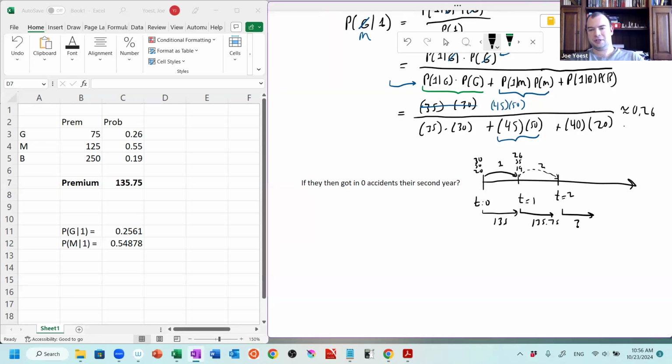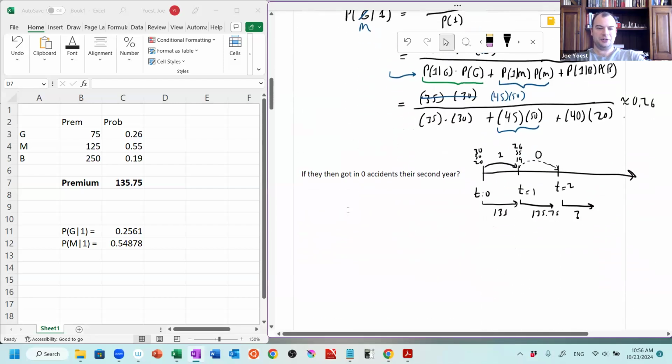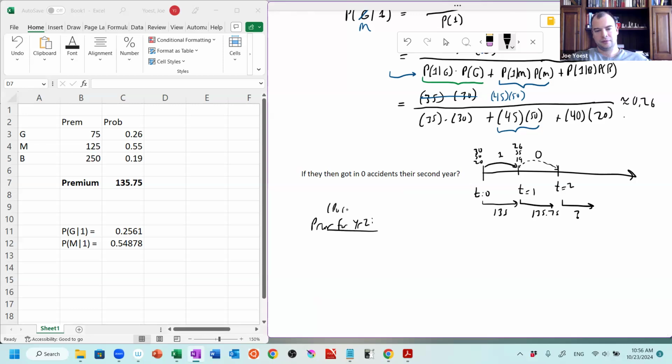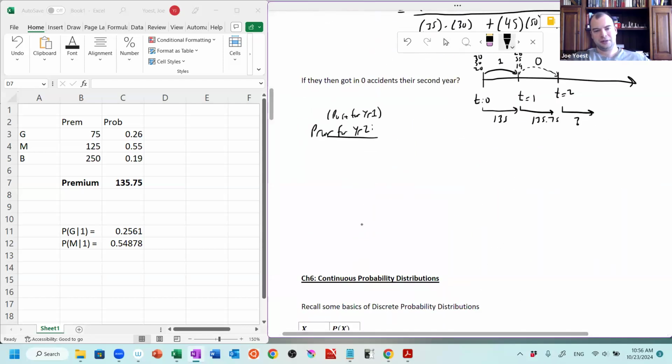Getting in 0 accidents is a good thing. Oh, I wrote my wrong thing up here. Getting in 0 accidents from time 1 to time 2. So I'm thinking of this posterior for year 1 as being the prior for year 2. So that is our 26, 55, 19 distribution.